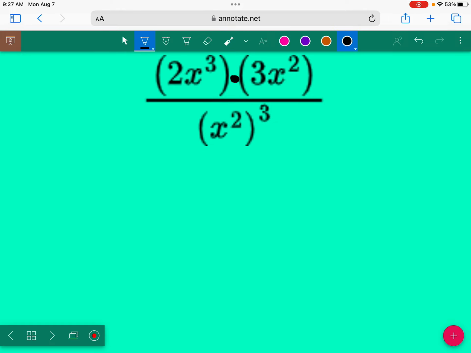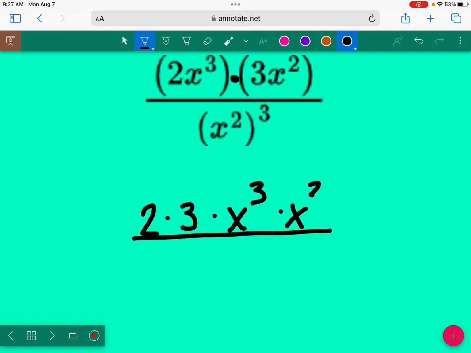So the way that I do this, and I feel like makes it easier, is simplify your top, simplify the bottom, and then work on between the two. So when we simplify this top, 2x cubed times 3x squared, what are we going to have? Because what this is, we can rearrange it if it helps. 2 times 3 times x to the third times x squared.